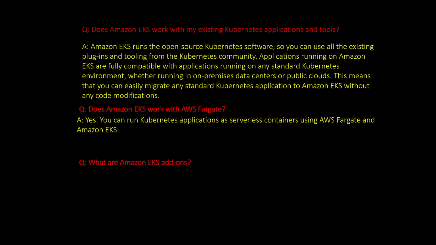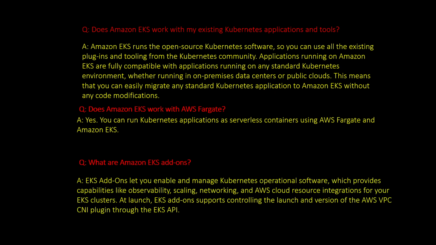What is the Amazon EKS add-on? EKS add-ons let you enable managed Kubernetes operational software, which provides capabilities like observability, scaling, networking, and AWS cloud resource integrations for your EKS cluster. At launch, EKS add-on supports controlling the version of the AWS VPC CNI plugin through the EKS API.